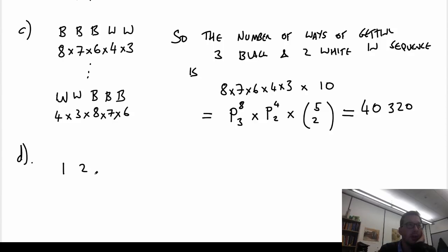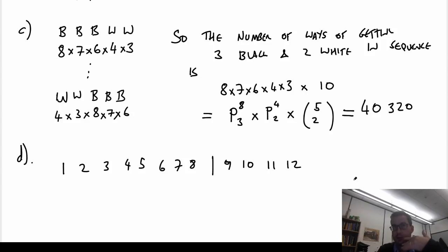We've got our numbers 1, 2, 3, 4, 5, 6, 7, 8, which we've assumed are all black, and then balls 9, 10, 11, and 12, which we've assumed are all white. We said we're going to take 3 things from the black balls, and then 2 things from the white balls.